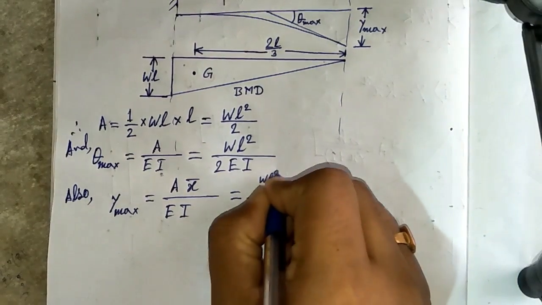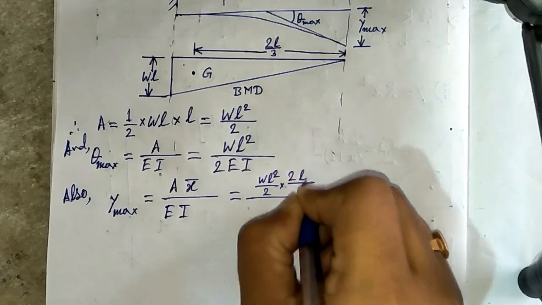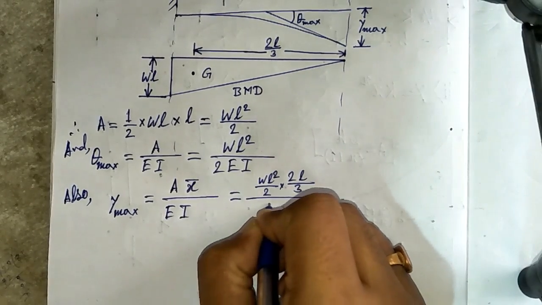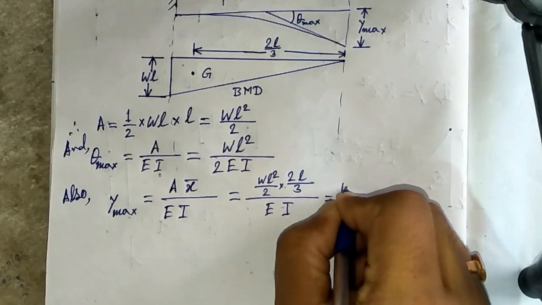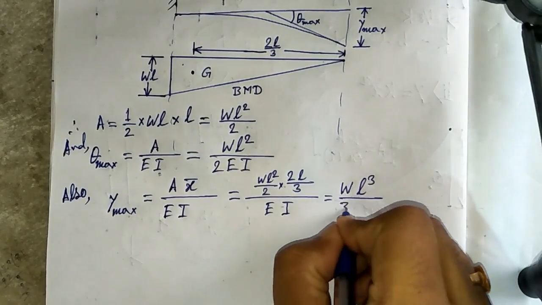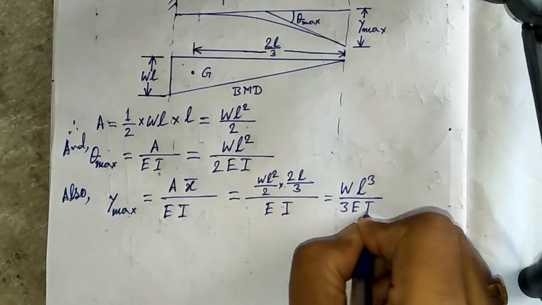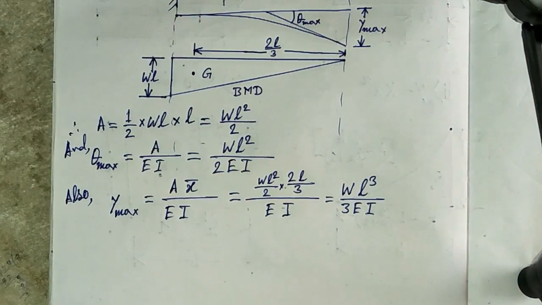So WL square by 2 into 2L by 3, divided by EI, becomes WL cube by 3EI. This is the expression for the deflection at the free end.